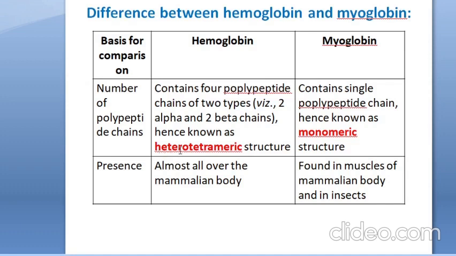Hetero means different, that means it bears both alpha and beta chains. Tetrameric means four, tetra means four. So it has two alpha and two beta chains, so a total of four subunits. Then myoglobin is a monomeric structure. That means it bears only one polypeptide chain. Hence it is called a monomeric structure.